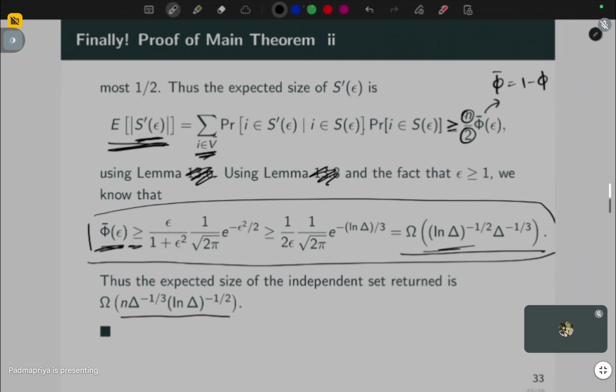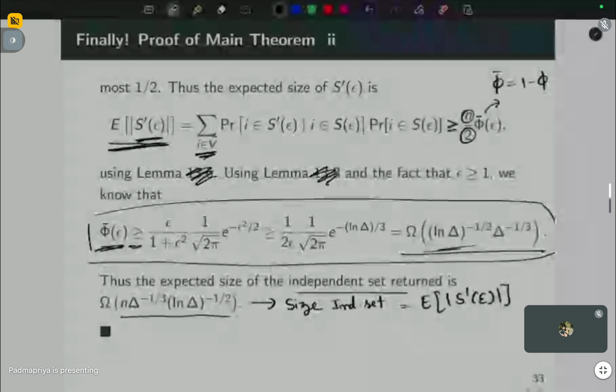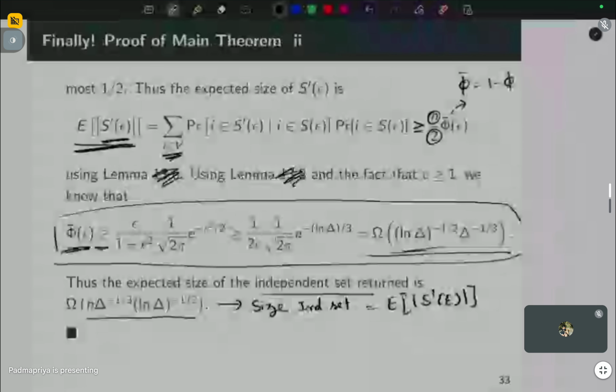You take the facts, put in the value of epsilon, and you will get this. This is the size of the independent set, and again, we are talking all in expectations. That should be in the back of our head. That is the expected size of our independent set.